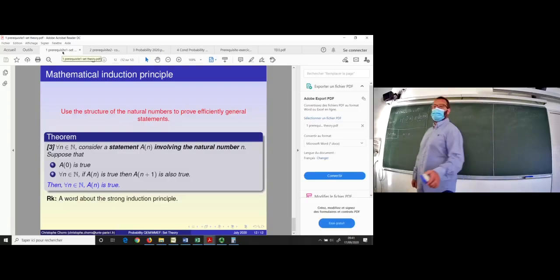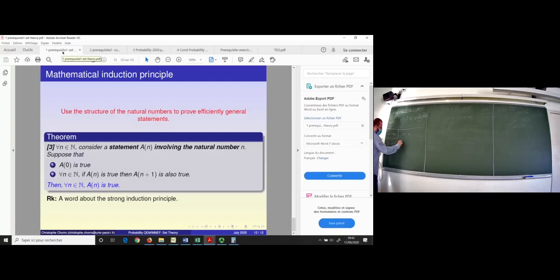So for n equal to 0, what happens? I have an inequality to prove. So what is the first term here? If I take n equal to 0, it means that in my union I have a single set. So for n equal to 0, I repeat that I will write it very correctly because it's the first time I do an induction. After I will go faster. Because n is equal to 0, I have a single set in my union, simply A0. For the sum the same.